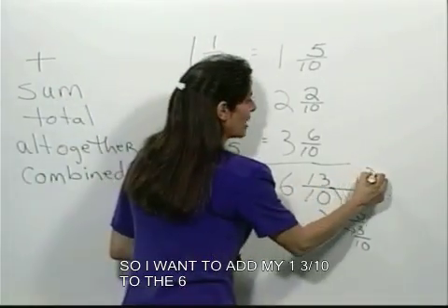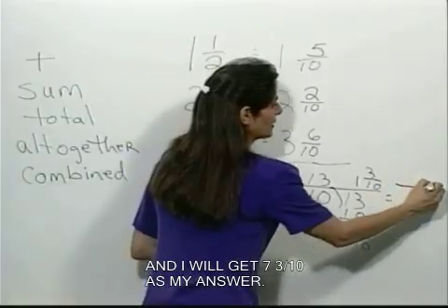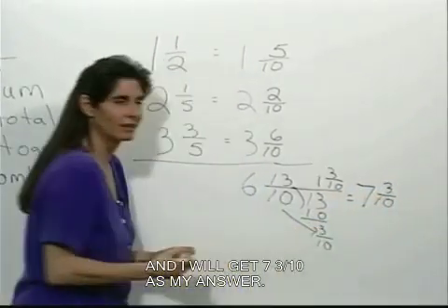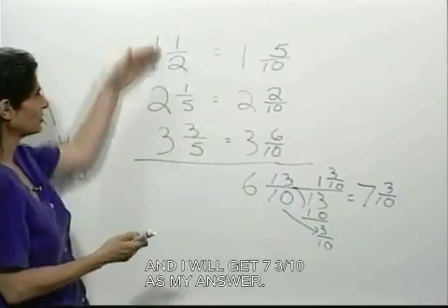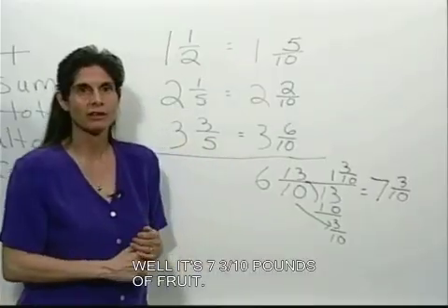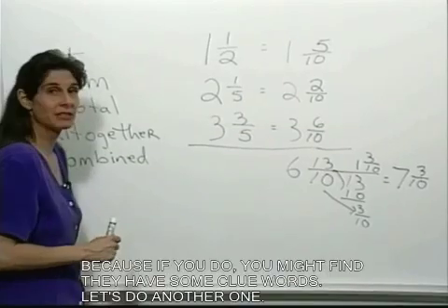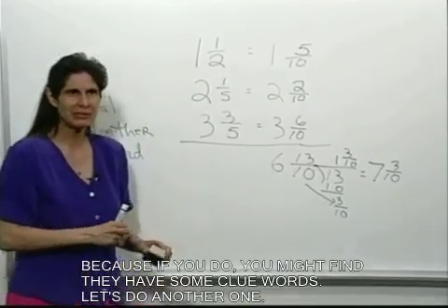So I add my 1 3/10 to the 6, and I will get 7 3/10 as my answer. So how much is all this fruit added up together? It's 7 3/10 pounds of fruit. So read your word problems carefully, because if you do, you might find they have some clue words.